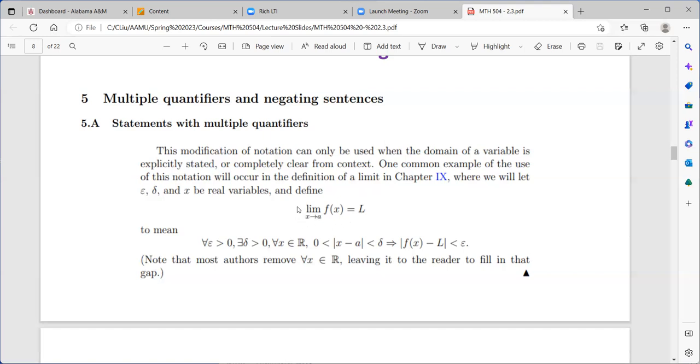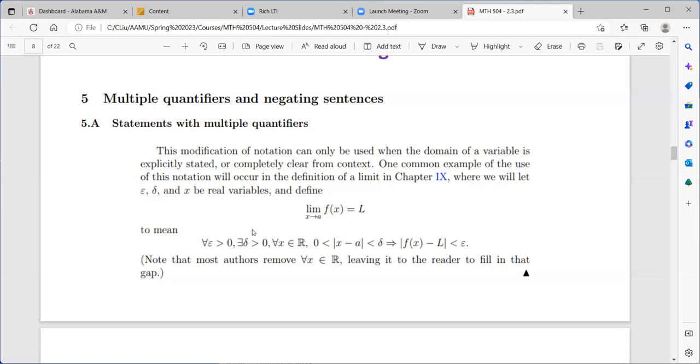By the way, the definition of this limit is: for any arbitrary epsilon greater than 0, so any positive number, there exists another positive number that may depend on the first positive number.